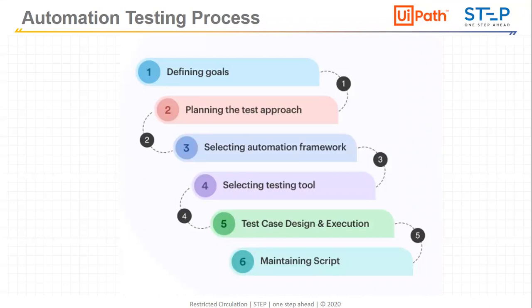So all these things are very important, and this is the generic automation testing process followed in IT. In test automation also, we follow the same type of process. In the case of robotic test automation, the only difference is that maintenance is very easy if we follow the standard practice.